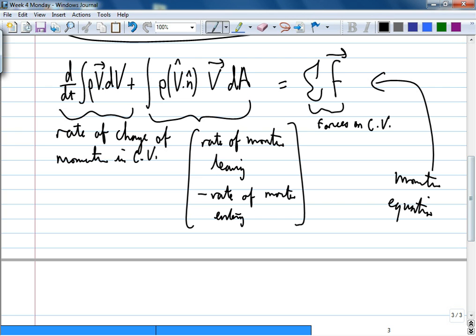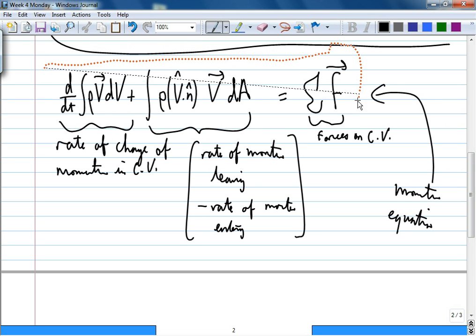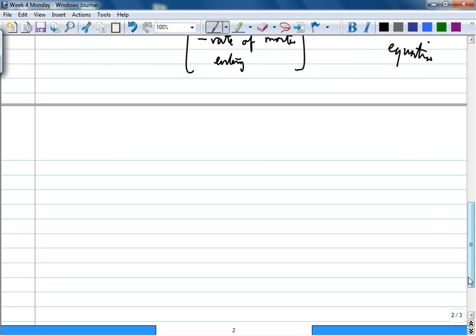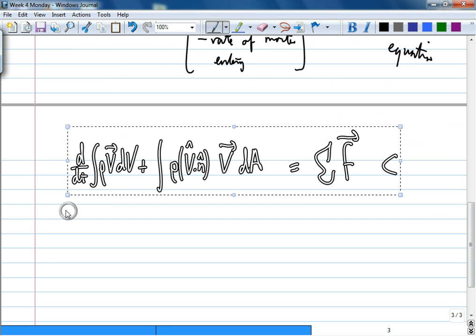You could say in terms of vector, all right, you could say, okay, here. It will break into three.